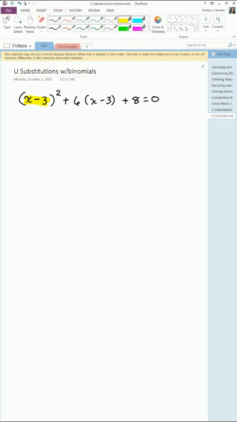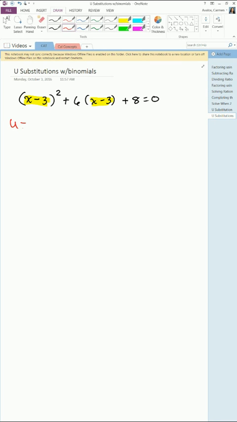So here, if you notice, this binomial and this binomial are exactly the same. Since they are the same, it's the same thing as having x squared plus 6x, or u squared plus 6u, and so on. So instead of expanding, we're going to use the u substitution.